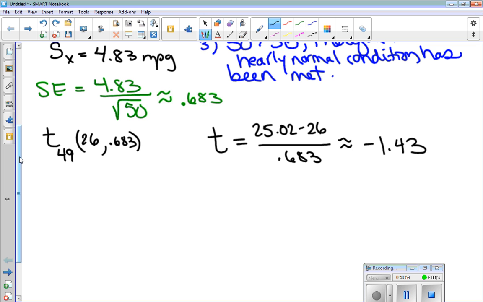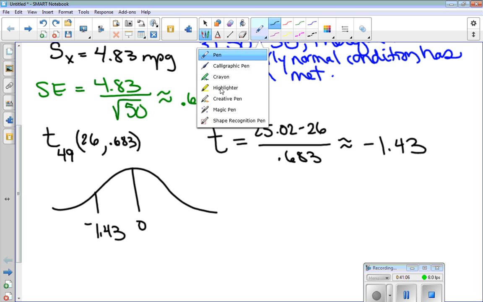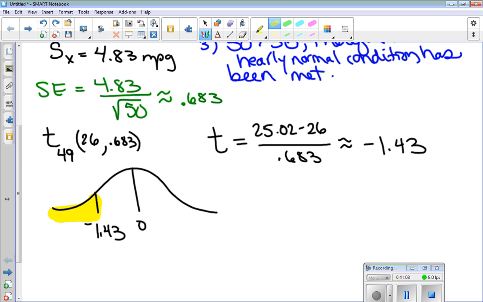So if I'm going to, and you always should, draw this, we are going to shade less. When we're talking about t's, because of the degree of freedom, I have to draw my picture with the t's, with the test statistic values, the standardized values.